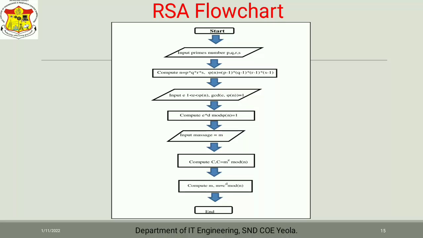Then compute the value of D, that is find out the value of D. Then by using given plain text message M, calculate the value of ciphertext by using the formula m raised to E mod n. After this, compute the value of m, that is plain text, by using formula C raised to D mod n. Last, end.